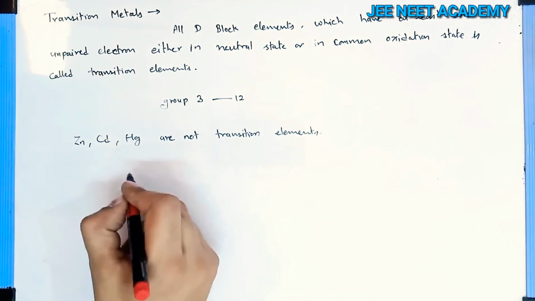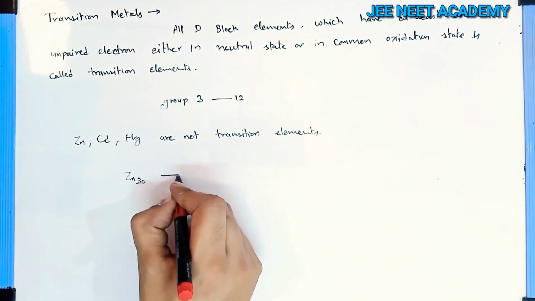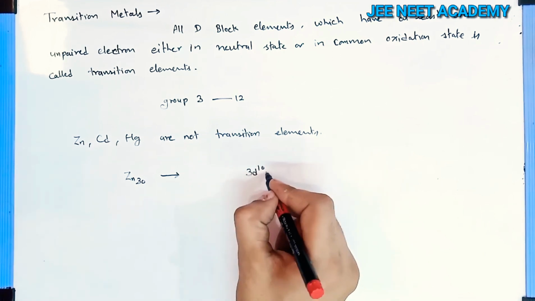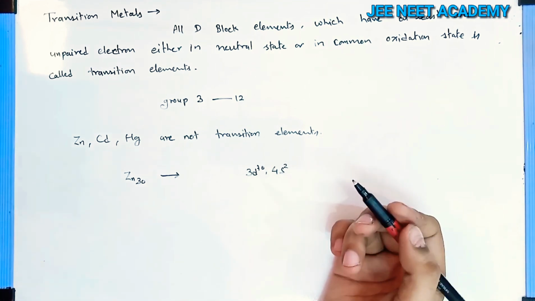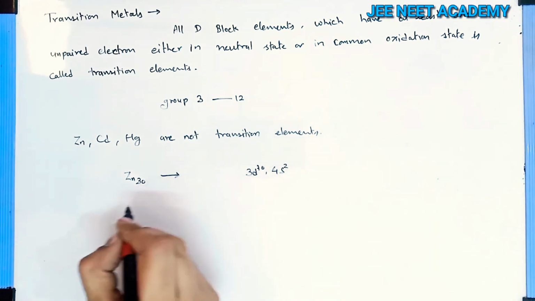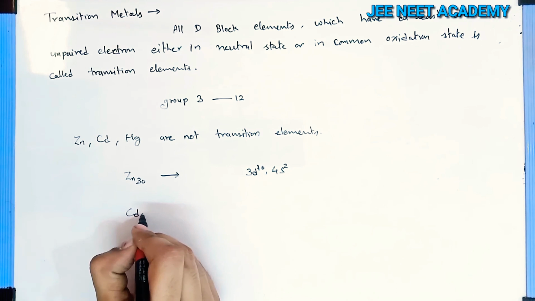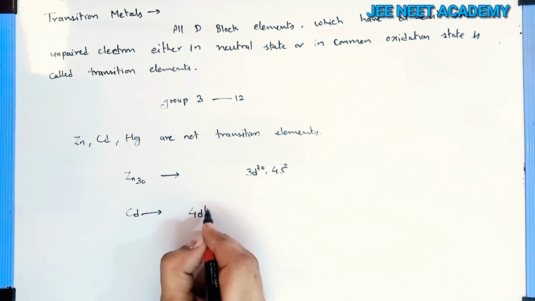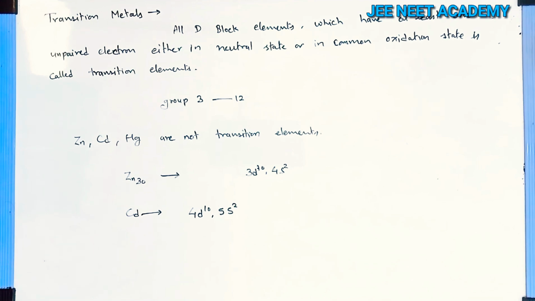For example, zinc has 30 electrons, and its electronic configuration ends in 3d10 4s2. So there is no unpaired electron, so it is not a transition element. Then cadmium, electronic configuration 4d10 5s2, also no unpaired electron. For mercury also it is like this.